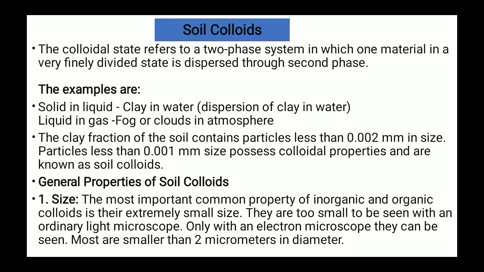Means the size of the colloid is very tiny, and only with an electron microscope can they be seen. Most are smaller than 2 micrometer in diameter. This is a major characteristic or property of the soil colloid.